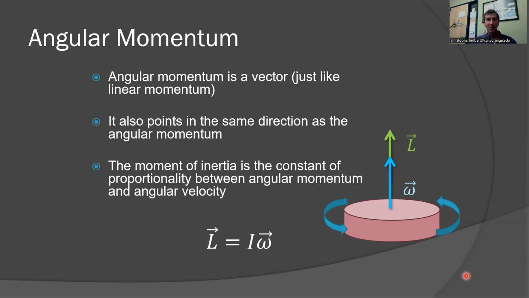Okay, angular momentum. Why is angular momentum important? Well, just like with linear momentum, it is a quantity which is always conserved in a particular frame of reference. Whatever the angular momentum is before an interaction will be equal to the angular momentum after the interaction, as long as there are no external torques acting on the system.